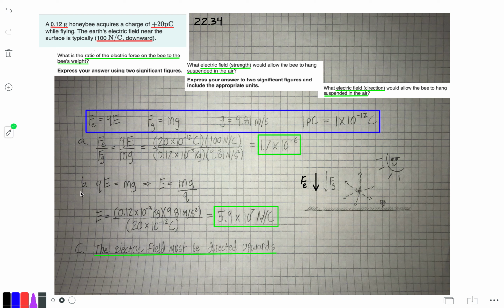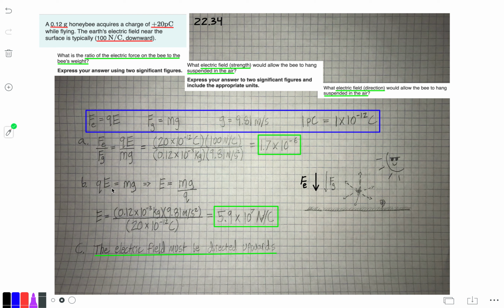And for B here, what is the electric field strength that would allow the bee to be suspended in the air? When the bee is suspended in the air, there's going to be no net force acting on it, so the force in the y direction is going to be 0, right?